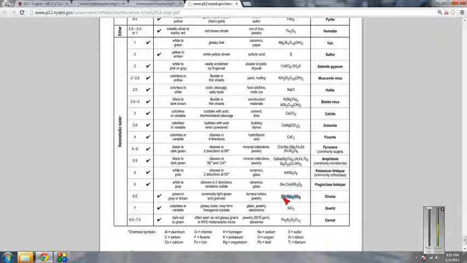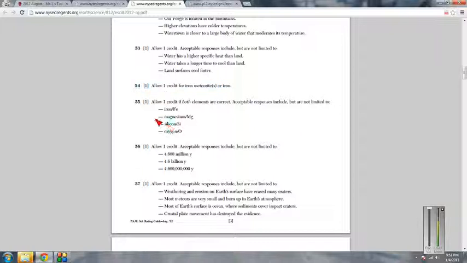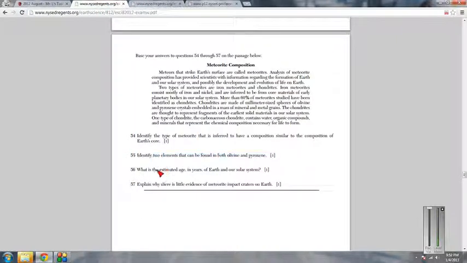It has Fe and Fe. Okay, so Fe is iron, and it also has Si, and this has Si, which is obviously silicon. Two very, very important elements. So two elements, you can say silicon and iron. There's a lot of choices. Silicon, iron, there you go. You could put Si, Fe, or iron and silicon. Both would be completely correct.